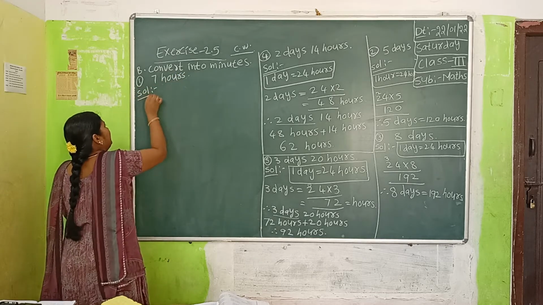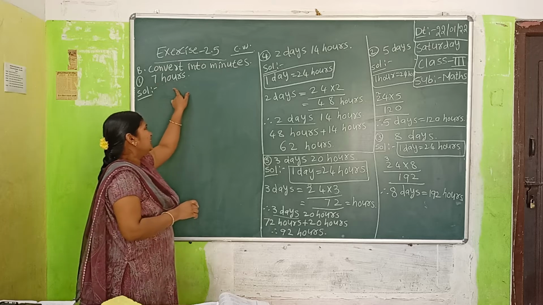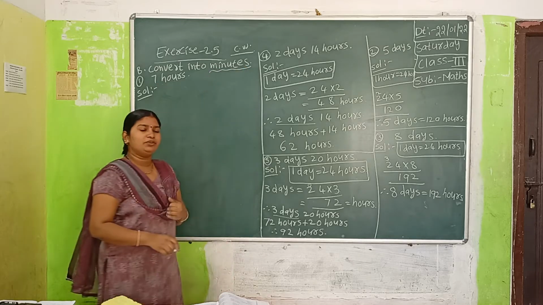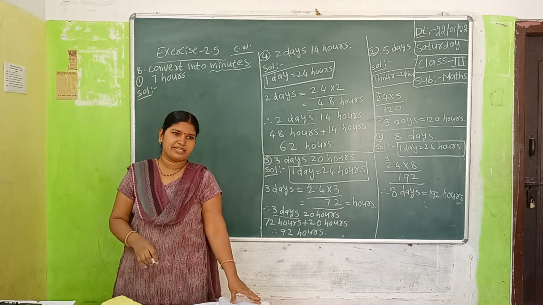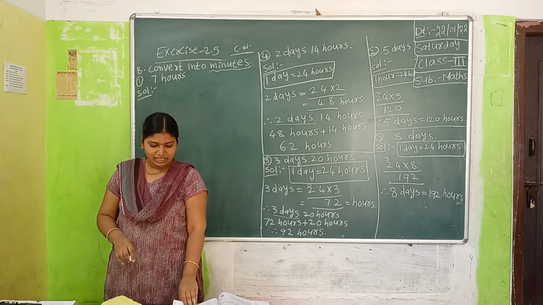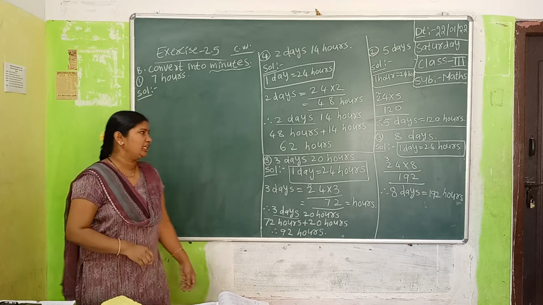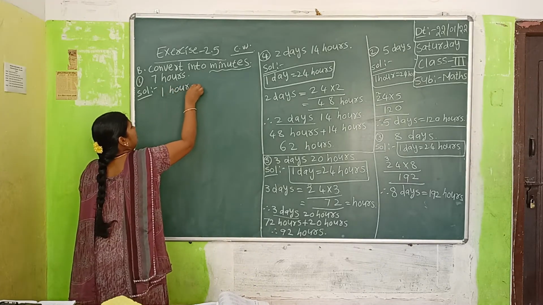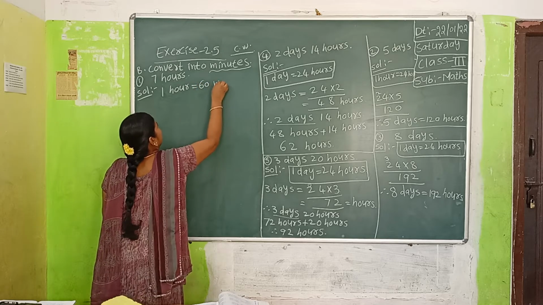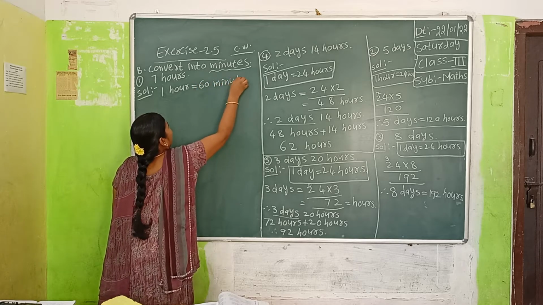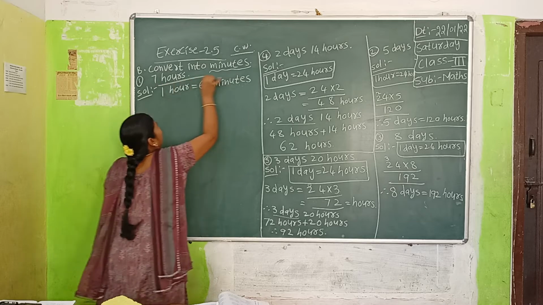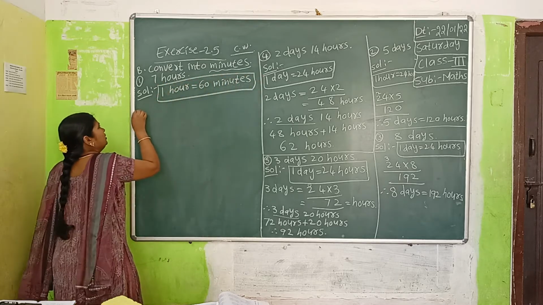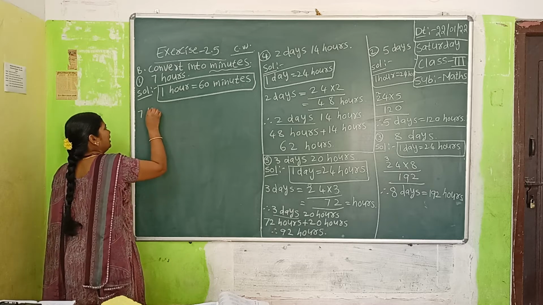Now listen here. In the question, they have given hours and they are asking you to convert into minutes. You have to take the formula between hours and minutes. 1 hour equals how many minutes, children? 1 hour equals 60 minutes. Okay, you have to take this formula and convert very easily. 7 hours.